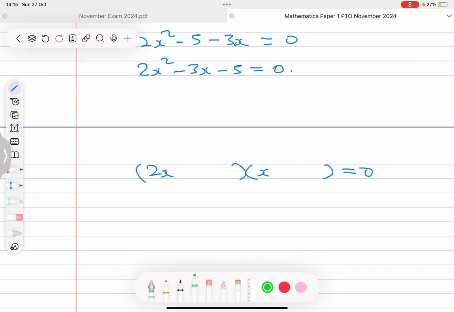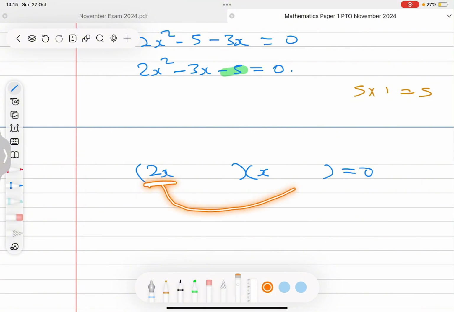The factors of 5, then two numbers that I can multiply to get 5 is only 5 and 1, right? So if I say 5 times 1, it gives me a 5. So that's how we get this number here. But now if I combine these two, can I get a 3? No, I can't. But you'll notice that we have a 2 here.